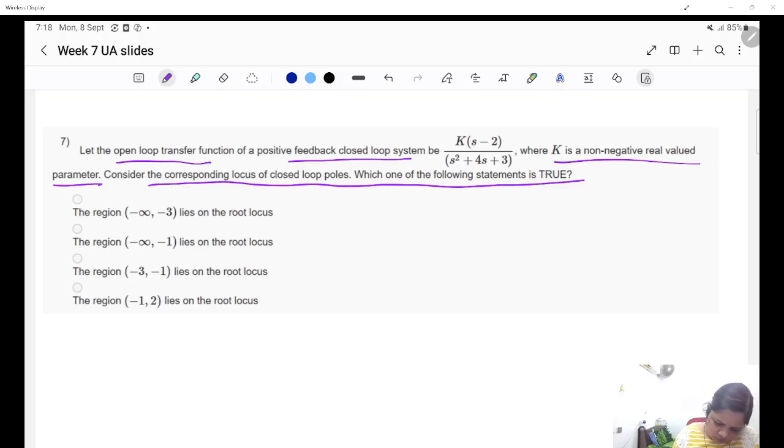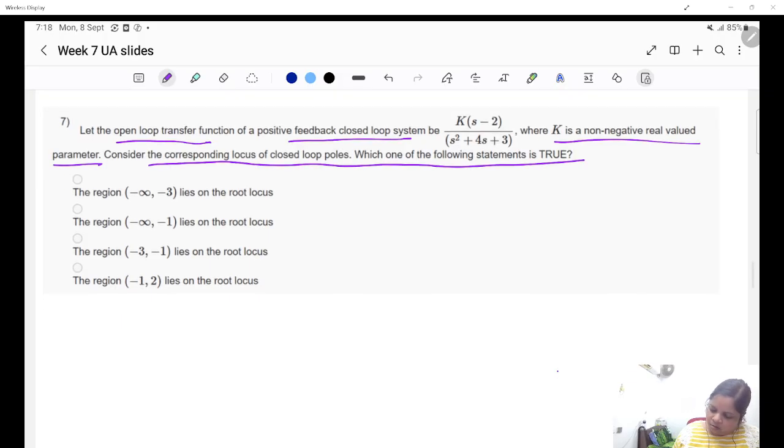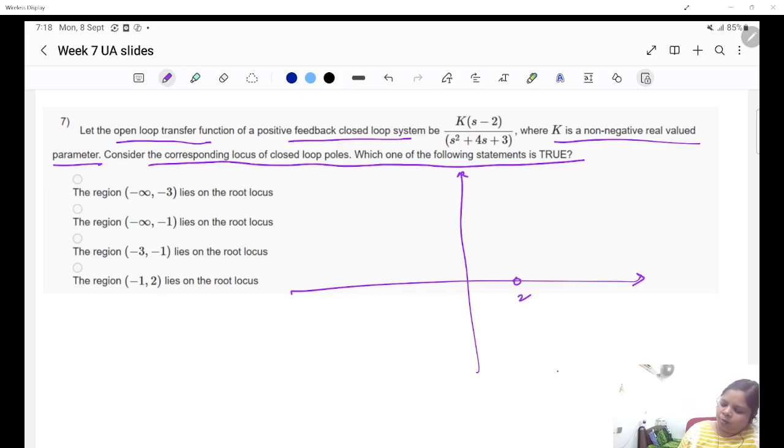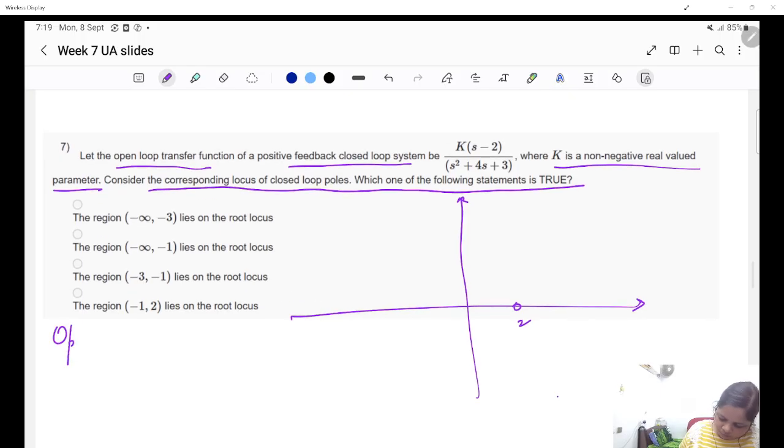Okay. So let's see where are the things lying on the imaginary axis. So here is 2, which is an open loop zero. Then we want to see what other poles are there. Open loop zero is at s is equal to 2.